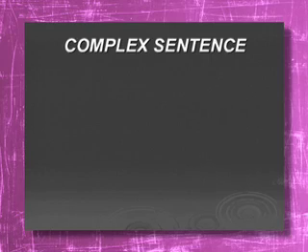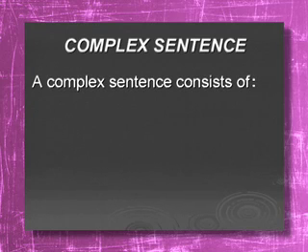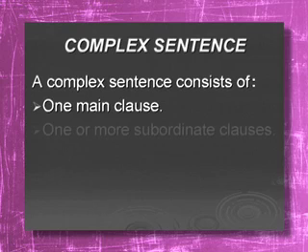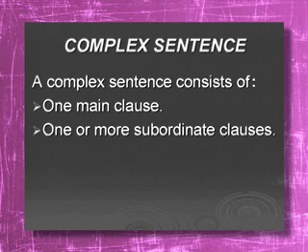We went from the compound sentence to the complex sentence. So let's revise that as well. So the complex sentence. A complex sentence consists of 1 main clause and 1 or more subordinate clauses.